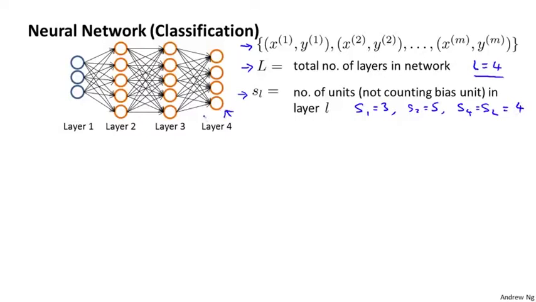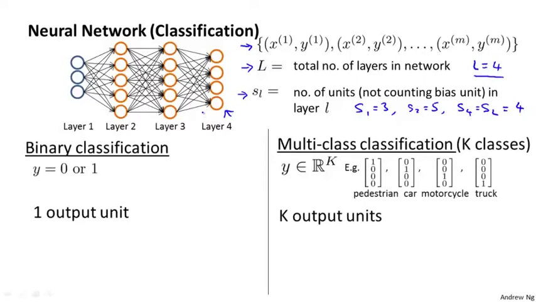We're going to consider two types of classification problems. The first is binary classification, where the labels y are either 0 or 1. In this case, we would have one output unit. So this neural network on top has 4 output units, but if we had binary classification, we would have only one output unit that computes h(x). And the output of the neural network, h(x), is going to be a real number.